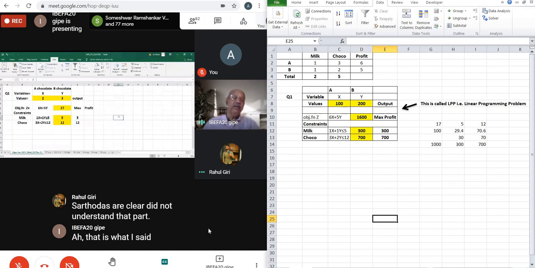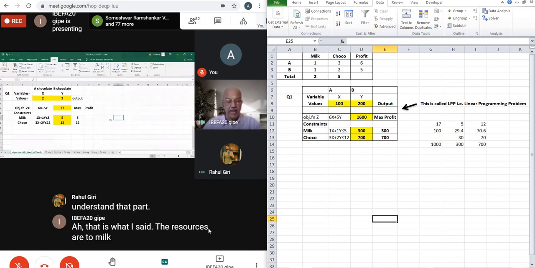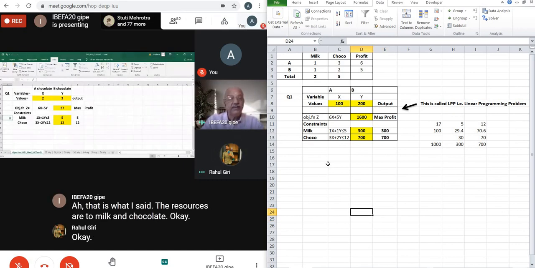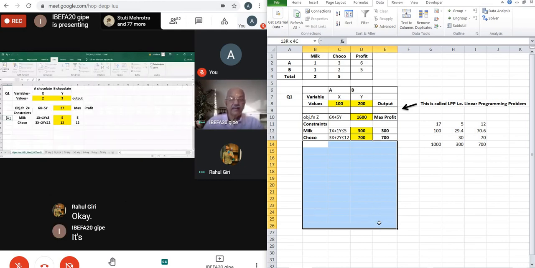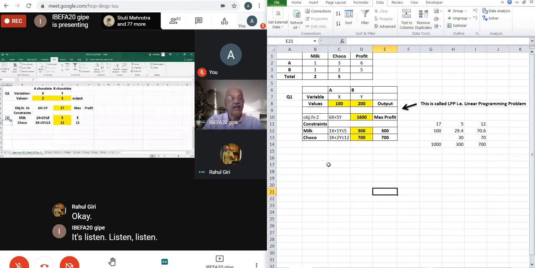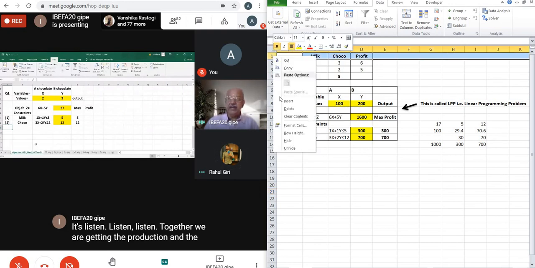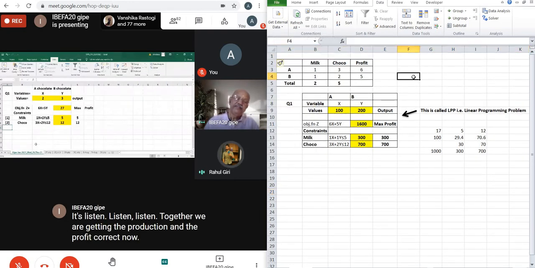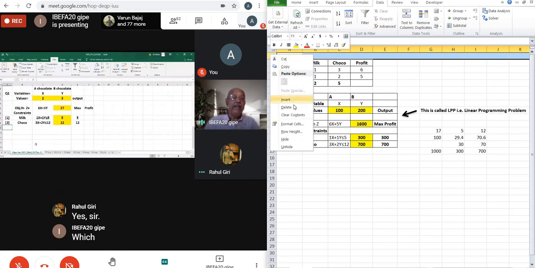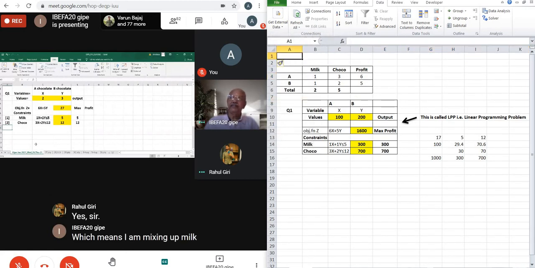The resources are two, milk and chocolate, okay? Listen. Together we are getting the production and the profit, correct? Yes, sir. Which means I am mixing up milk and chocolate.